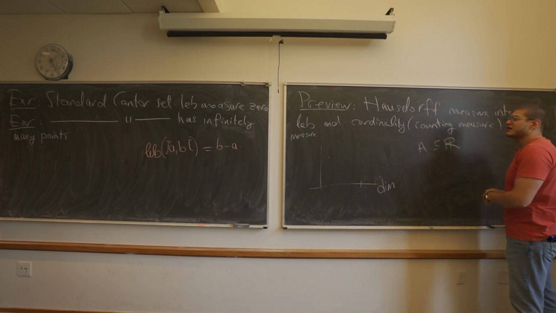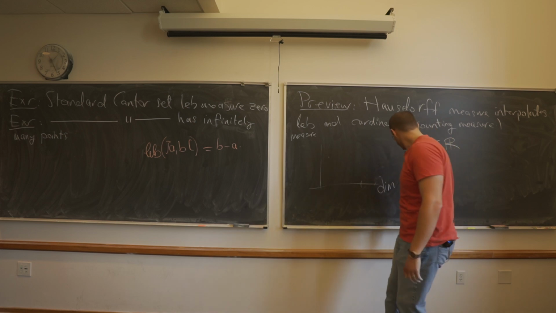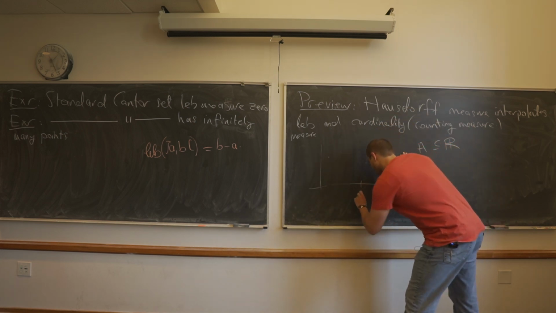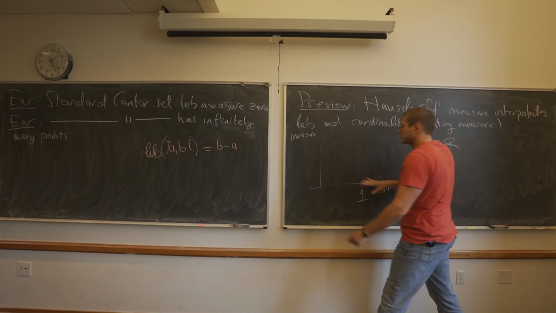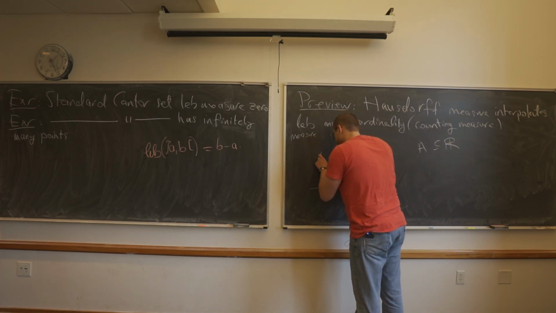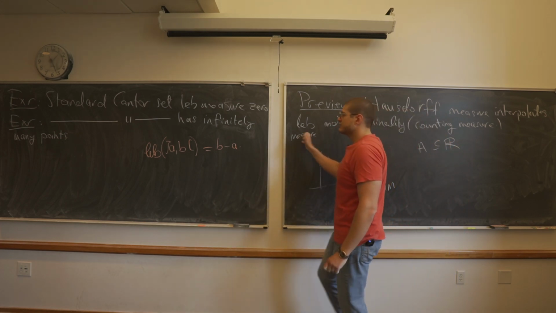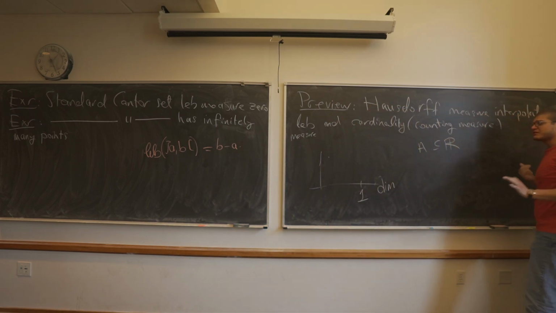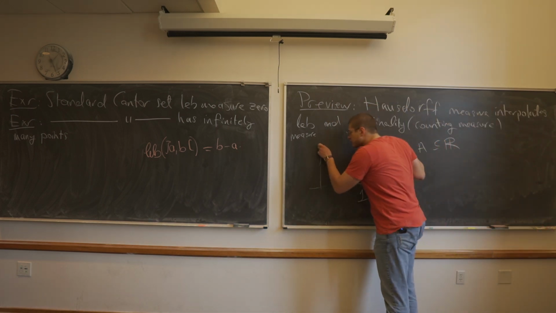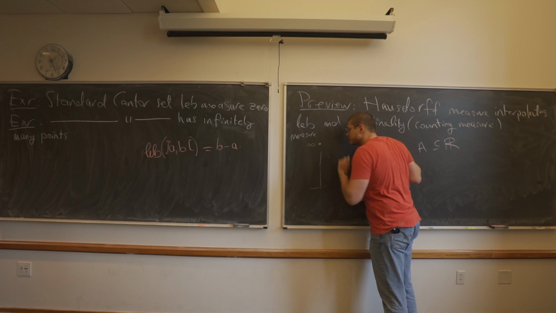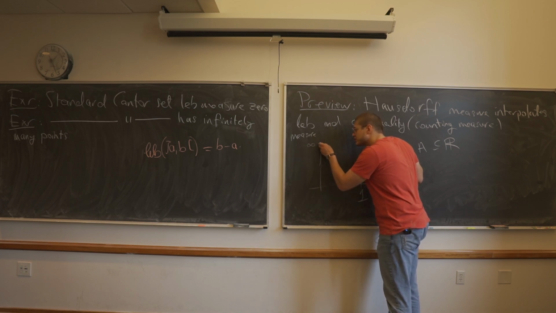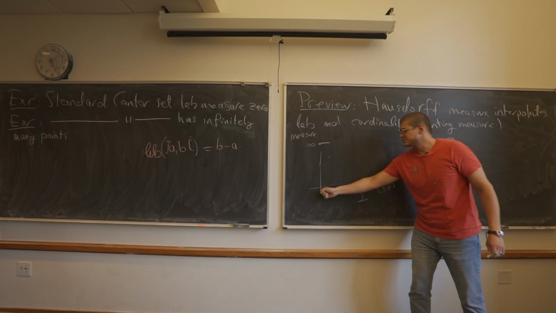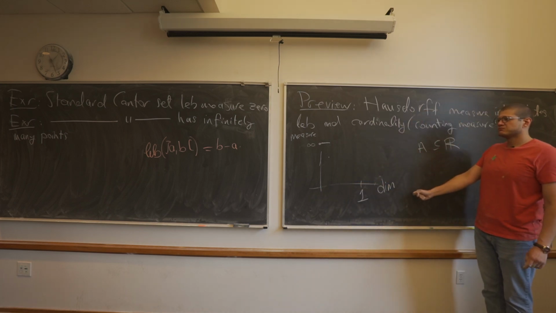That is going to be the Hausdorff measure over there. So let's say that this is 1, and I'm going to need to have infinite measure here, because I'm saying it has infinitely many points. That means that relative to counting measure, it has infinitely many points. So here's infinity.